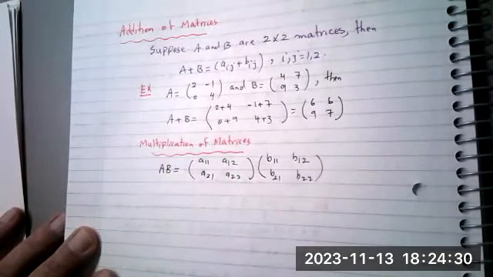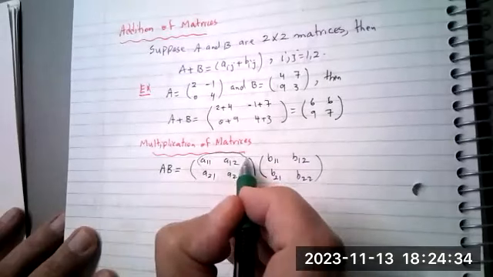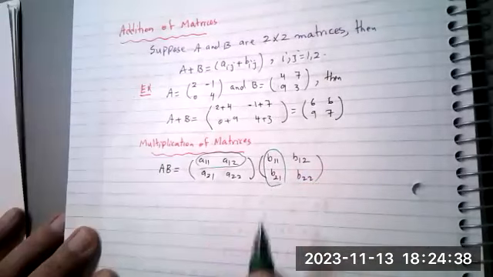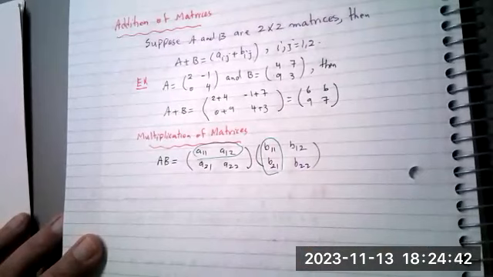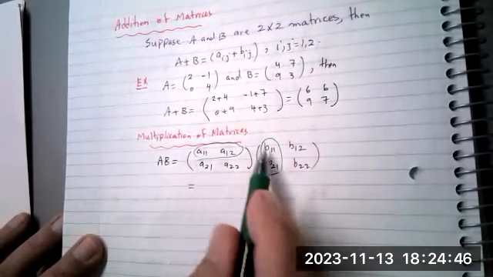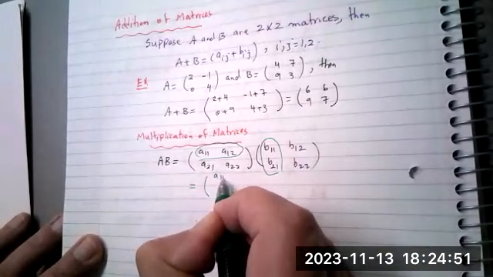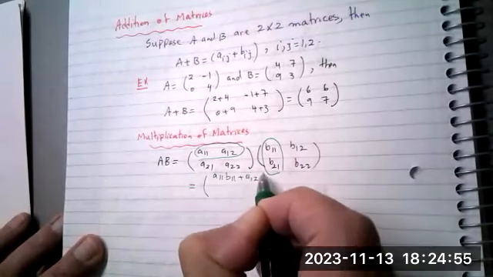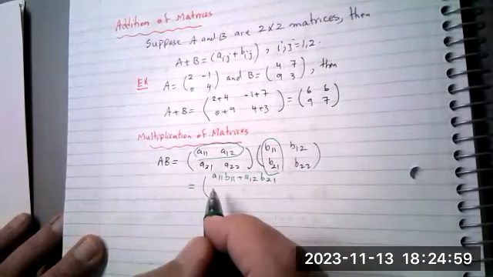You know that the way we multiply it is it's kind of a dot product. You take this one, you multiply as a dot product by this one, and then we come back. So the result is going to be a new matrix. So if you multiply this one as a dot product, you get A11, B11 plus A12, B21. We continue the second one.